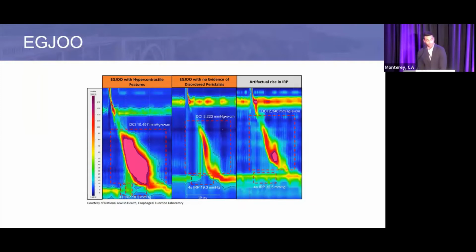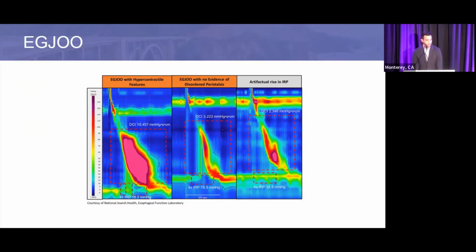But you can also see it with hiatal hernia. You can see it with a stricture or other obstructive process. It can be from extrinsic pressure, so if there's some sort of abnormality of the aorta or heart, it can also press on the esophagus looking like that. You can also see EGJ outlet obstruction with hypercontractile features on the left, where the DCI is quite elevated.